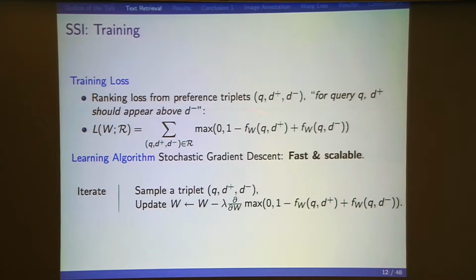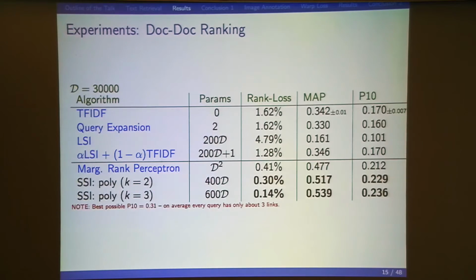Then basically you just want F(Q, D+), the score for that pair, to be larger than for (Q, D-), and we say that it has to be larger by some margin of, well, 1, arbitrarily chosen to be 1. So you can just basically, do I have pseudocode for that?